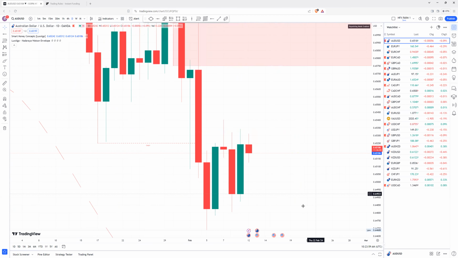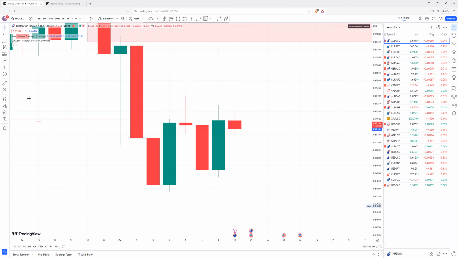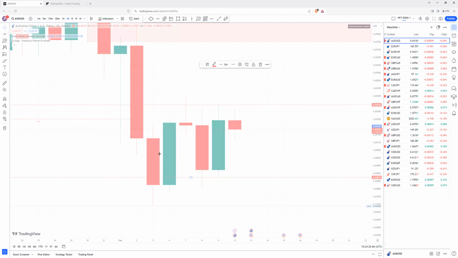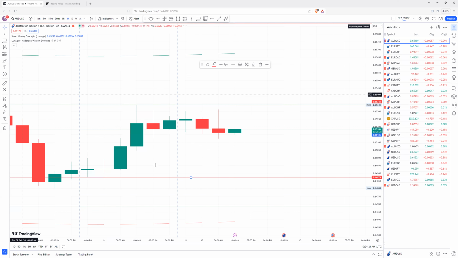So what you do is you only mark out the high and the low of the previous daily candle, just the high and the low. Then you go straight down to the 4-hour candle and also mark.